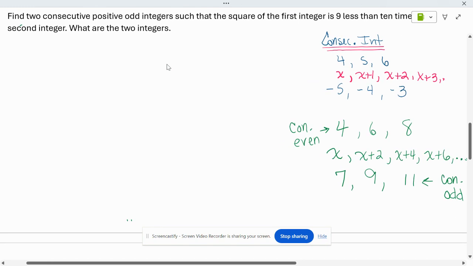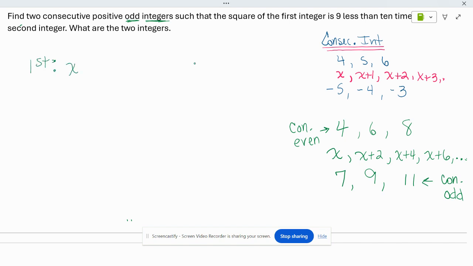Okay. So it says we have how many consecutive positive odd integers? What are we looking for? We're looking for 2 of them, and they have to be odd. So if I'm looking for 2 integers, the first one is going to be x. What variable expression am I used to representing the second odd integer?